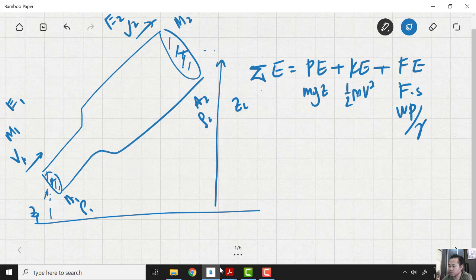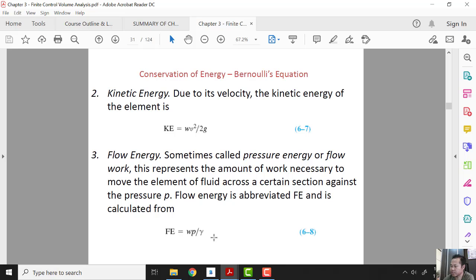We can also rewrite mgz: mg is weight, so weight times z. Kinetic energy can be written as W V squared over 2g.